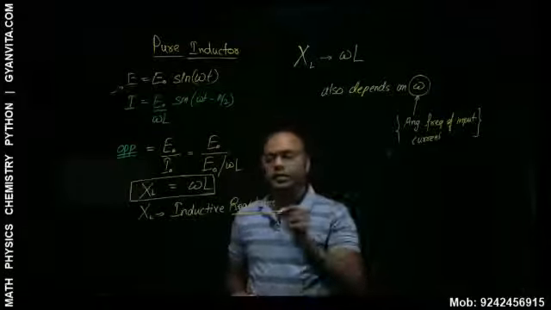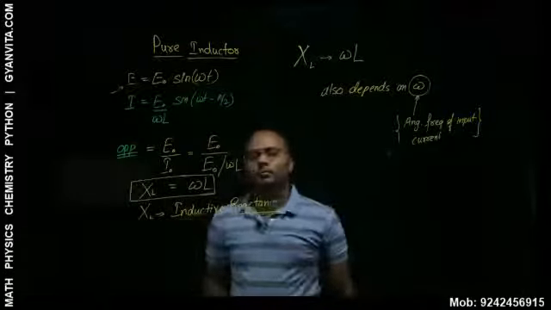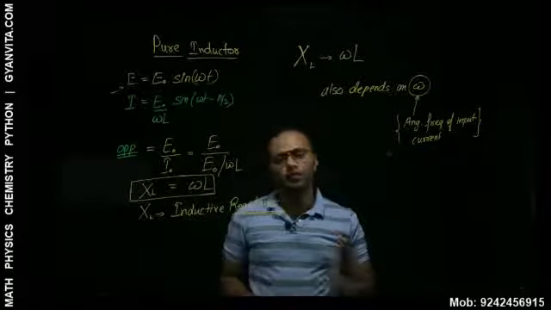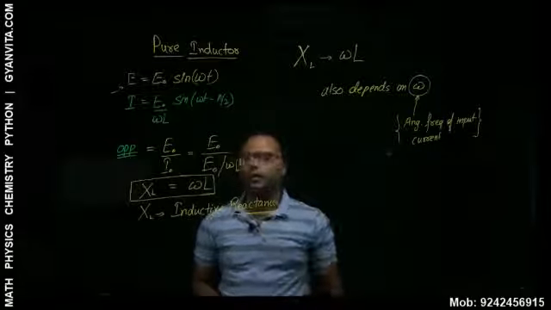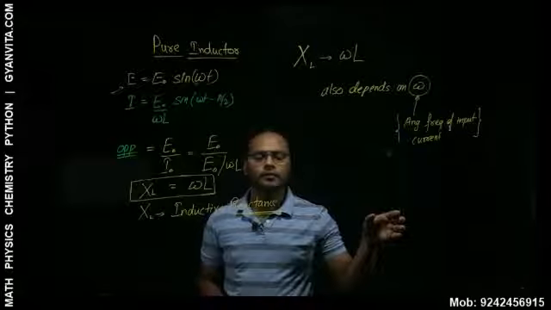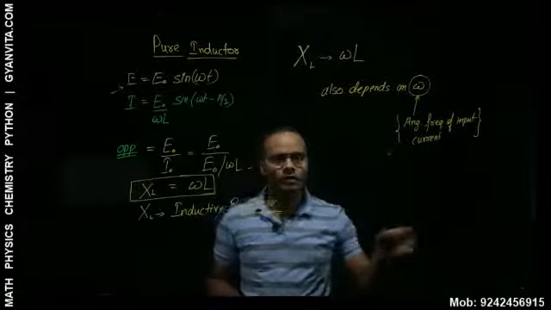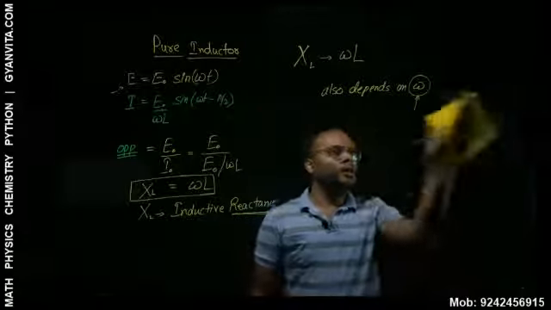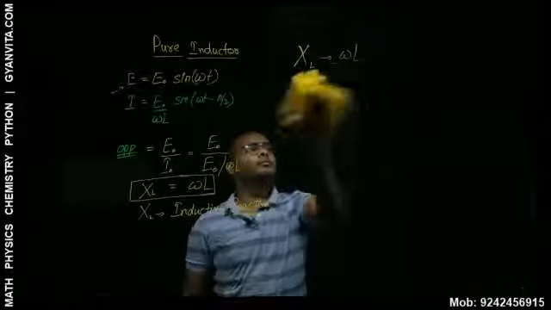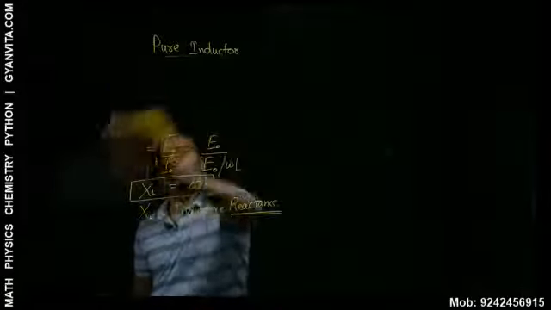In case of DC, XL becomes zero, that is, opposition will be zero. So we say that an inductor allows DC to travel freely, offering minimum opposition or minimum resistance to the DC supply.